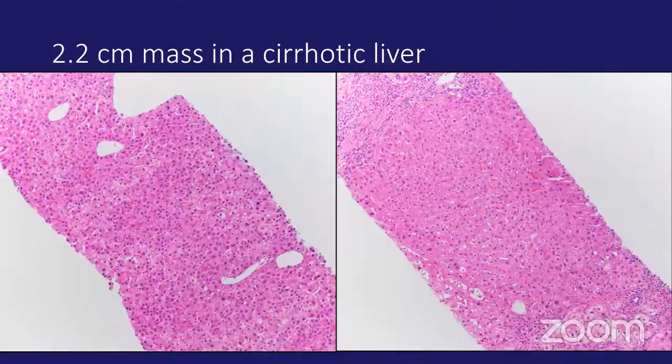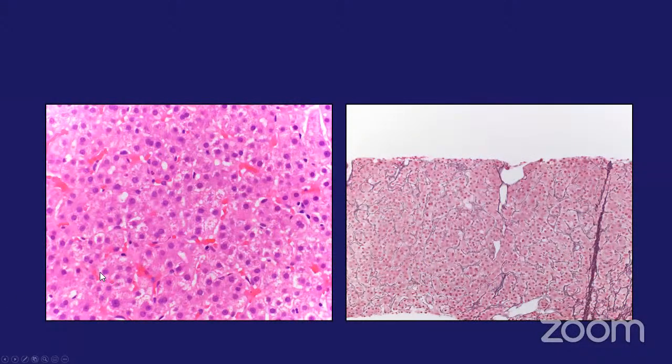specificity. So this is a 2.2 centimeter mass in a cirrhotic liver, and here you can see the background liver for comparison. You can see that there is higher N:C ratio and there is pseudogland formation. Again, higher N:C ratio, and you can appreciate the pseudogland formation. The reticulin shows patchy loss.